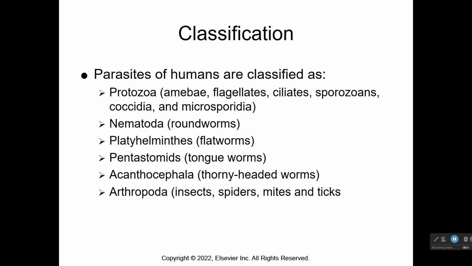Pentastomids and acanthocephalans, we won't study much about those, just a little bit. And then the arthropoda we'll study, not necessarily how to identify those, but how those serve as transmission, as the way diseases are spread.